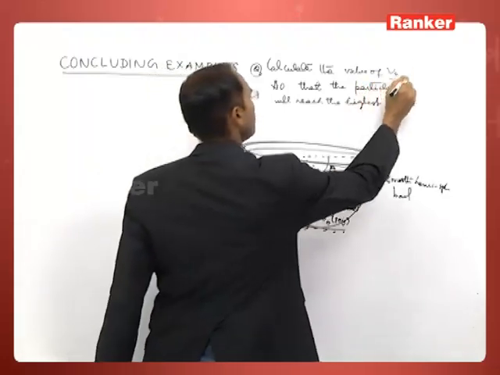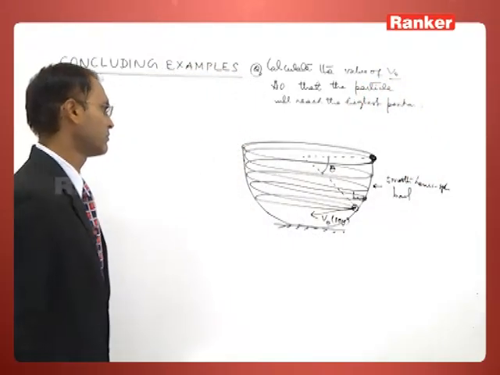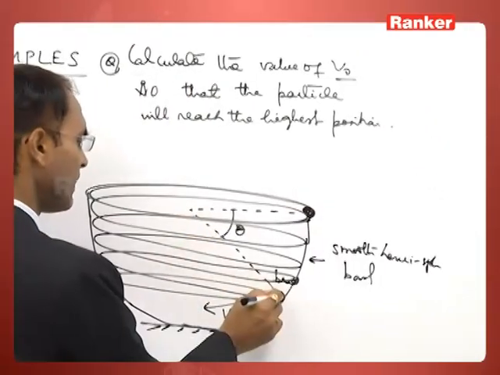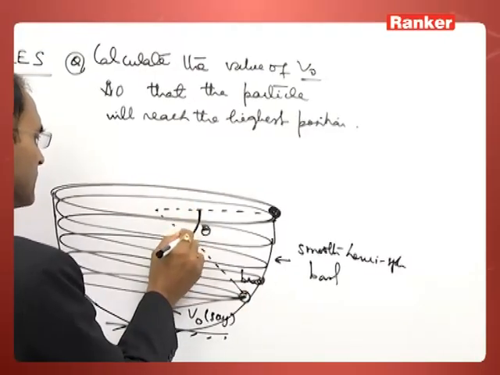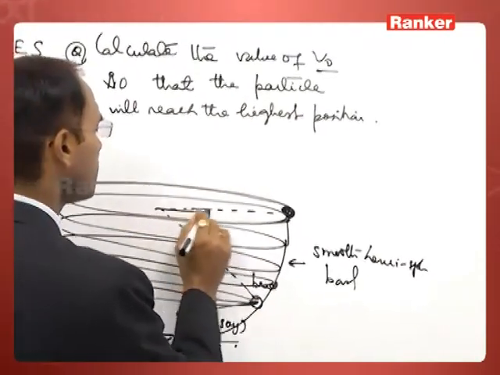We have to calculate the value of v naught. The initial angular position of this particle is theta with respect to the horizontal diameter.